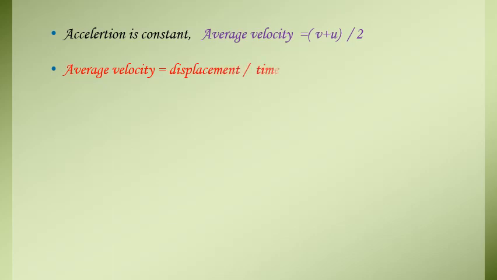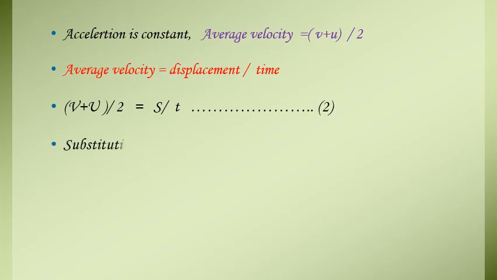Since these average velocities are the same, we can compare them. When the LHS are the same, the RHS are also the same. That means displacement by time must equal (v + u)/2, so (v + u)/2 = s/t, where s is the displacement.